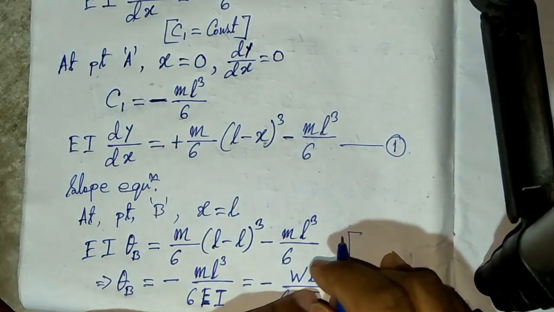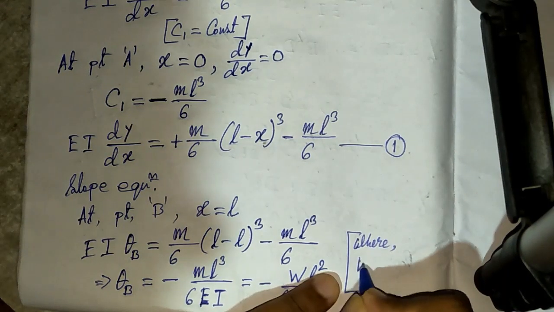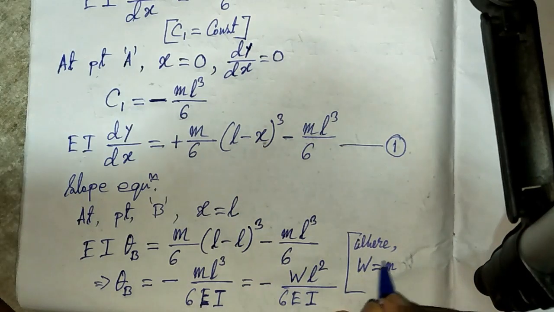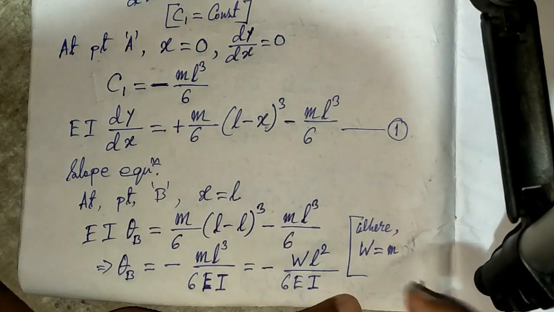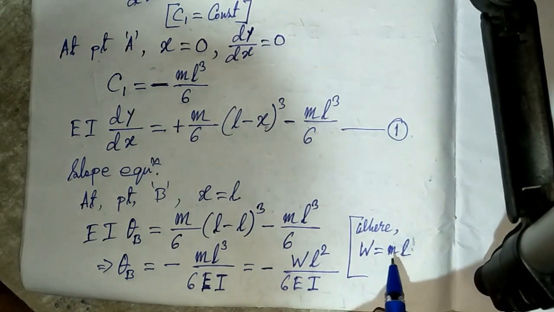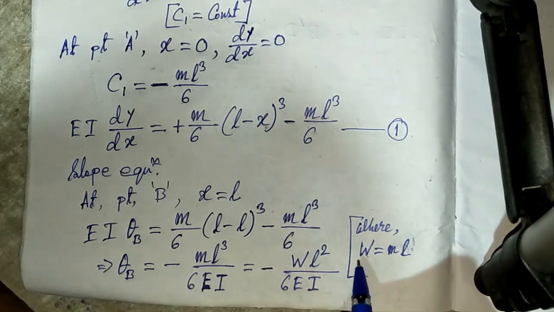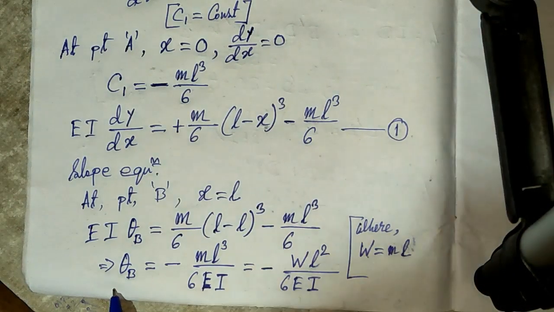W is the load per unit length w into the total length L. So theta B is the slope at point B.